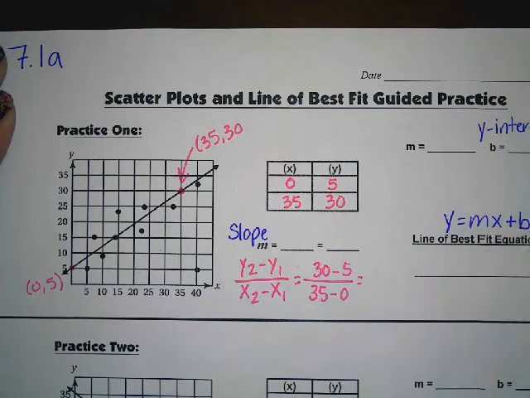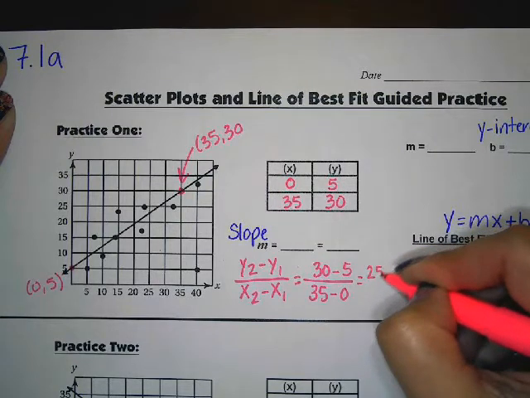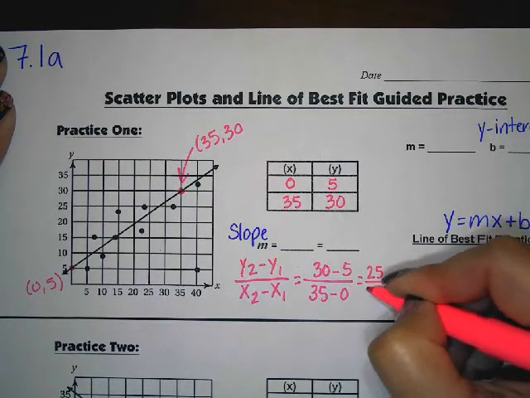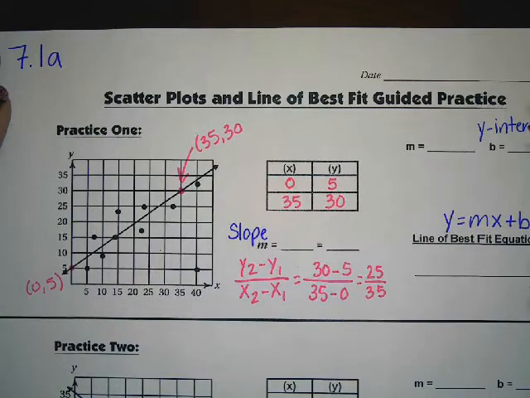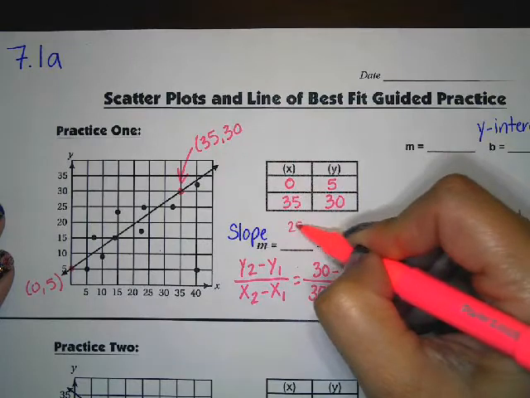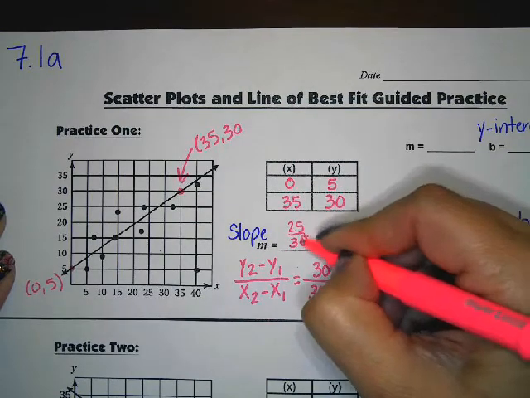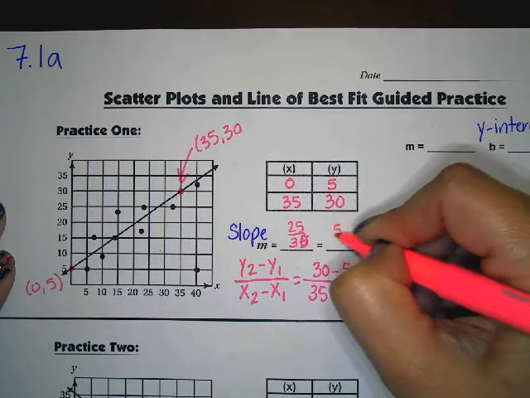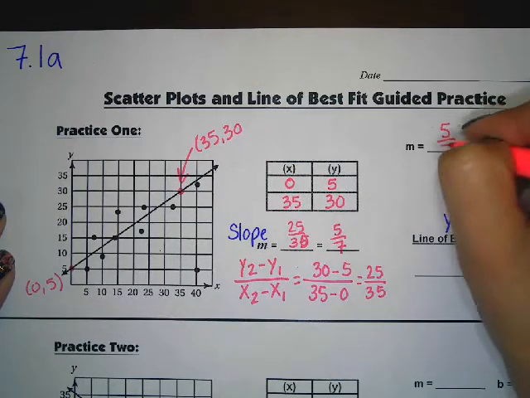So that's going to give me 30 minus 5 is 25 over 35. When you start reducing that down, we get 5 over 7. So that is our slope. So m is going to be 5 over 7.